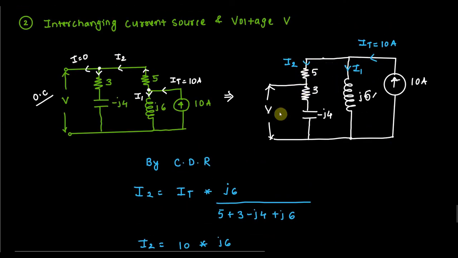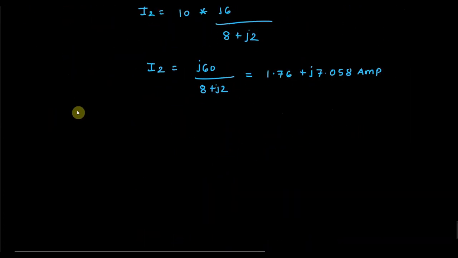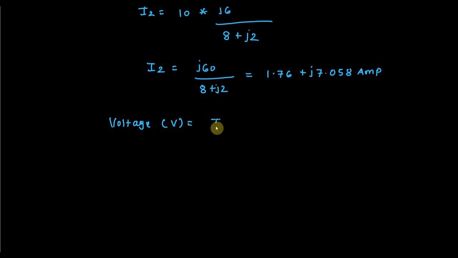But they have not asked for I2. What is V? V is the impedance 3 minus J4 multiplied by this current I2. So voltage V is simply calculated as I2 multiplied by 3 minus J4. Substituting the value of I2, this will be 1.76 plus J7.058 times 3 minus J4.